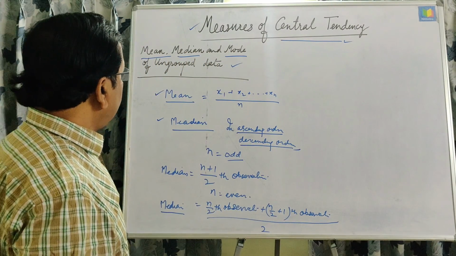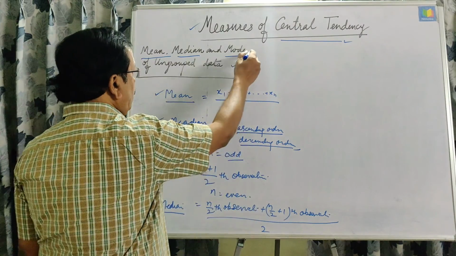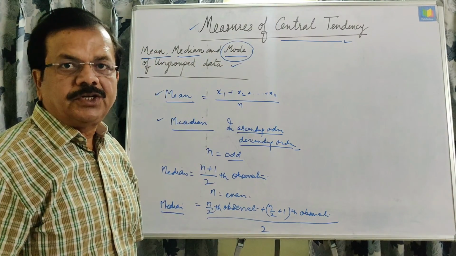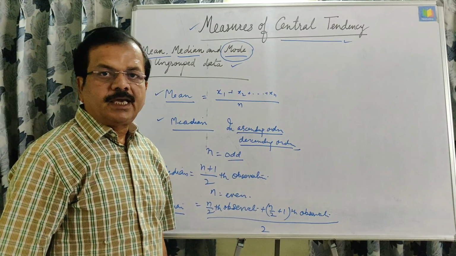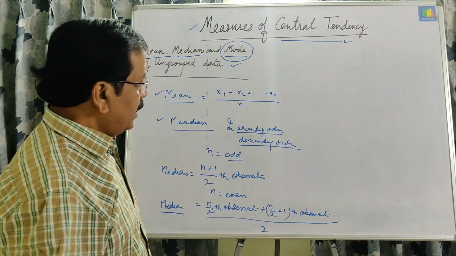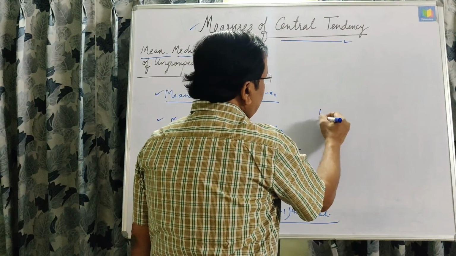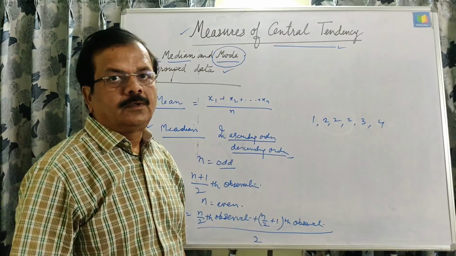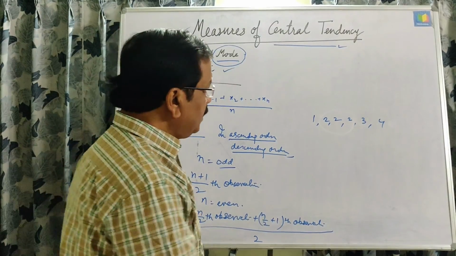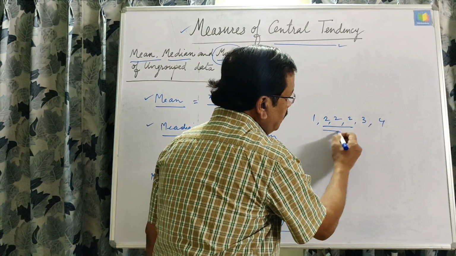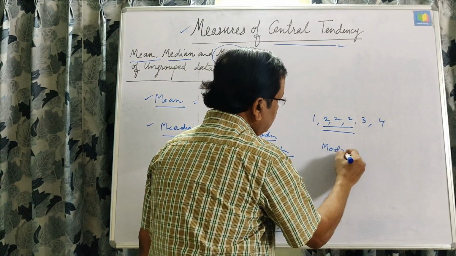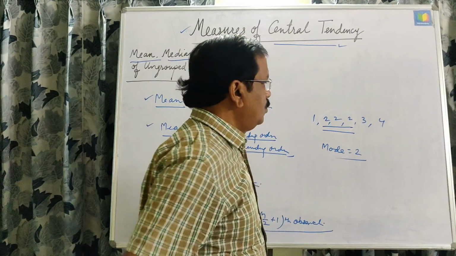And in the same way, mode of ungrouped data: the maximum number of repetitions of data is taken as mode. Now you can take here 1, 2, 2, 3, 4. Here 2 is repeating itself the maximum number of times, so the mode will be 2.